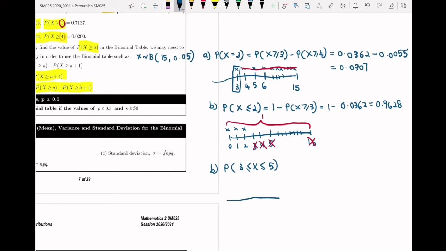first we look at the number line, 0, 1, 2, 3, 4, 5 up until 15. Then you want to find the value from 3 to 5. So we will have P(X ≥ 3), because the table only gives greater-equal values, minus what we don't want. So we don't want from 6 until 15.